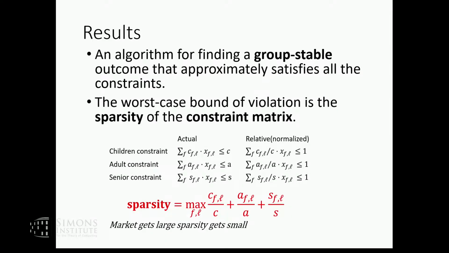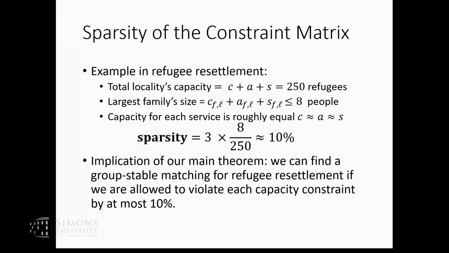So the theorem says that there will be a group stable matching where we violate this constraint by a little bit, and that little bit is measured by the sparsity of the constraint matrix, which is given here. Just to give you a rough calculation of how much is this sparsity and how much is the violation: if you think about a locality that has about 250 positions, and the family size about 8 people, then we might violate it by 10%.